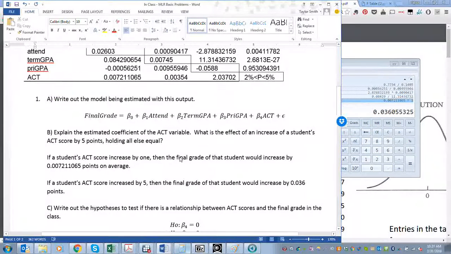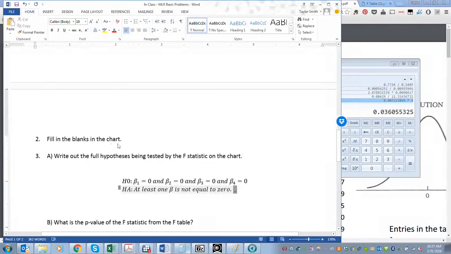So question one is making sure you know how to interpret a coefficient and how to tell if a coefficient is significant or not by using its p-value. Question two is making sure you can fill in all the blanks on the chart.